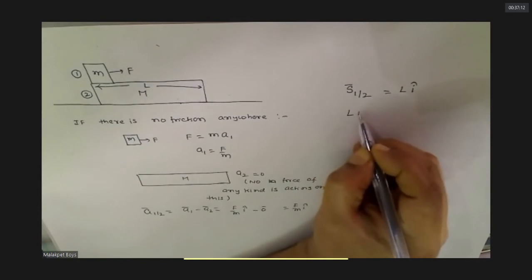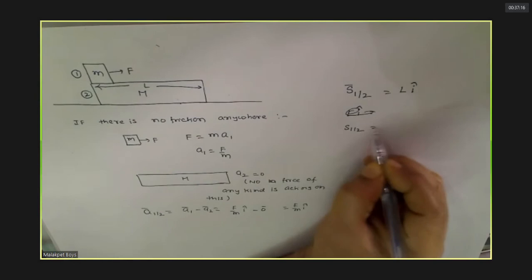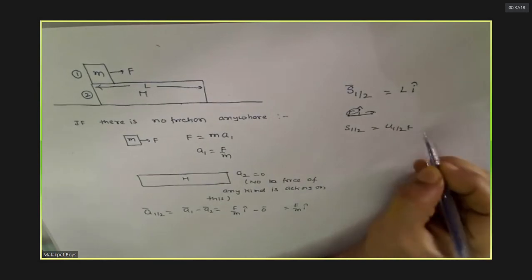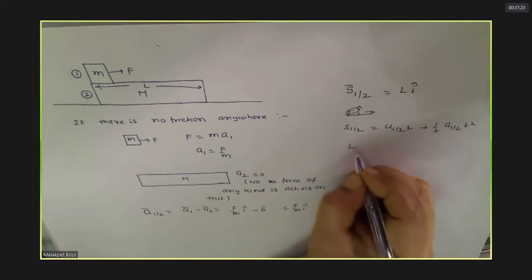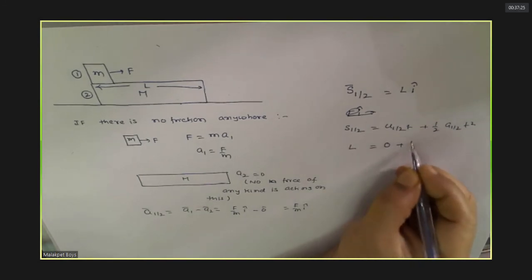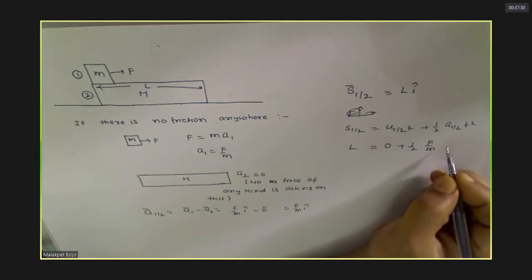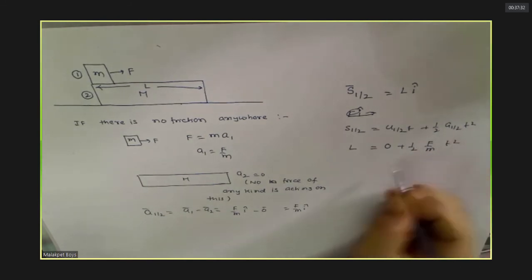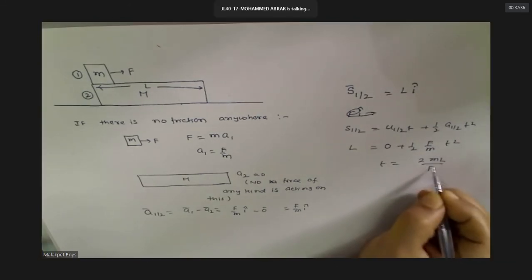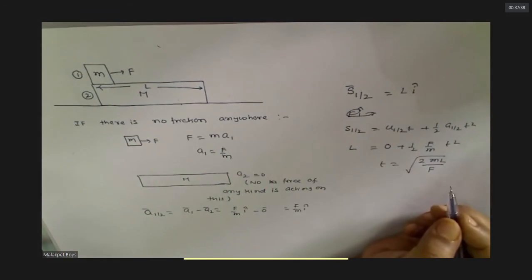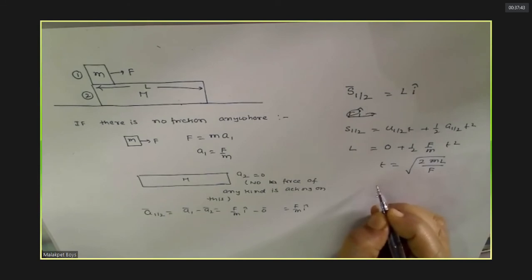So S12 equals U12 T plus half A12 T squared. This is L. Initially both are at rest. So what is T? T is root of 2ML by F. So the block will be falling at this time.